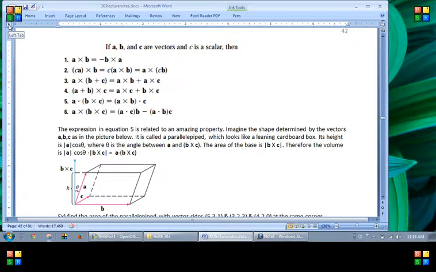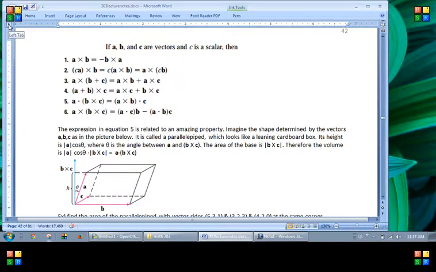Well, how do we get the direction that's perpendicular to B and C? You take B cross C. So what we need is the cosine of the angle between A and B cross C. But that's so nice because we're already using B cross C in order to find the area of the base.